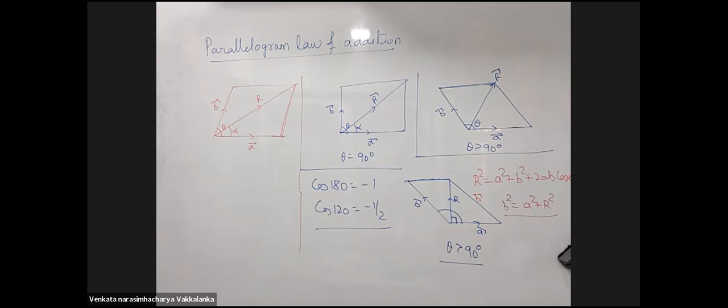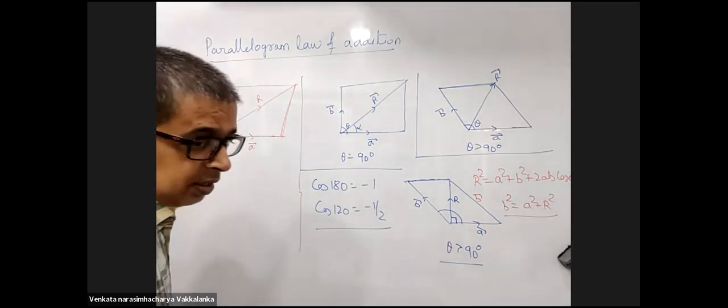Can we resolve a vector along another vector? Obviously, you can, and we will also. You have those problems in your book. Component of one vector along another vector, we take the dot product. But that will take one more lecture for us to come till there.